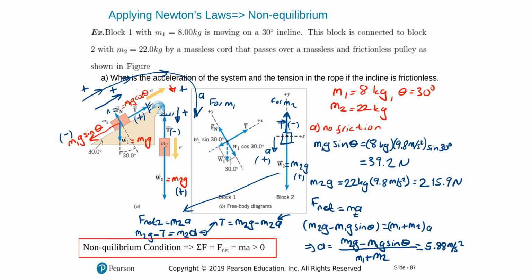I got A from here, I'll enter it, and I already know M2 and G, so I'm going to find my tension using those values. Once you put in all those values, you're going to find 86.24 newtons. Alright, that's one of the hardest parts of questions you might get.